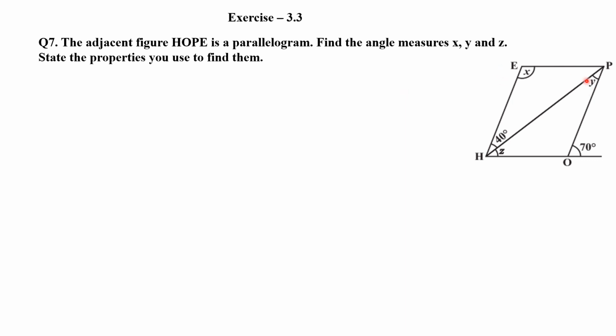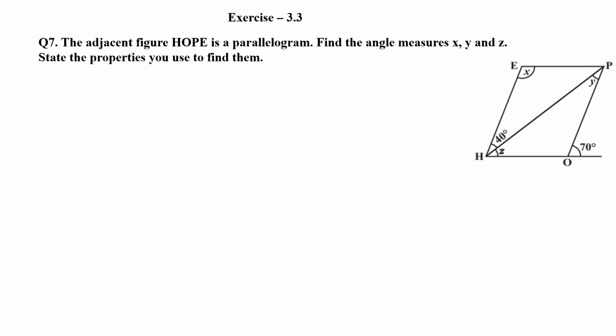So you know that in a parallelogram opposite sides are parallel. So if I take EH and PO as my parallel sides, and if I take PH as my transversal, then you can see here the y and this 40 degree.